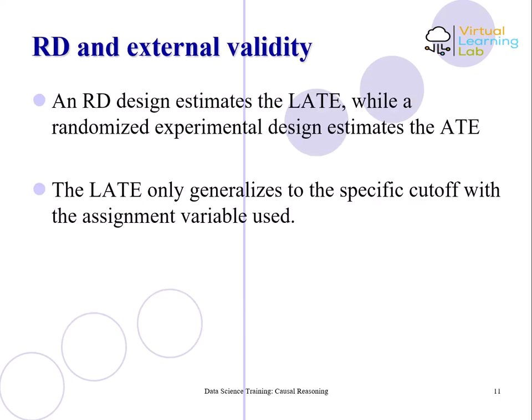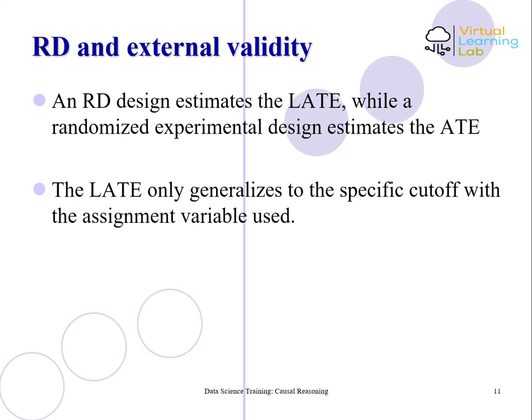In terms of external validity, which is the ability of the conclusions of the study to generalize, the regression discontinuity design has weaker external validity than the experimental design because the conclusions only generalize to the cutoff. In other words, when you estimate the local average treatment effect, it is the treatment effect at the cutoff, so it generalizes just to that specific cutoff.